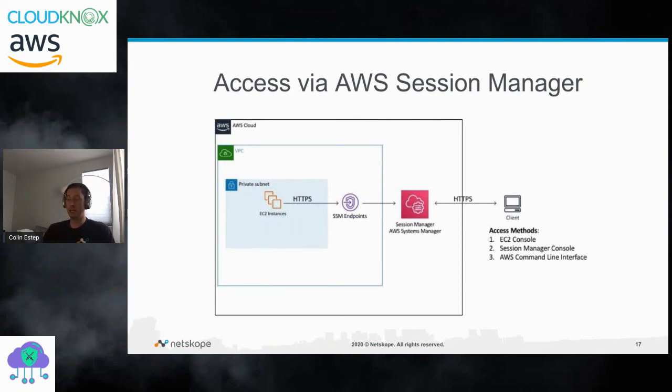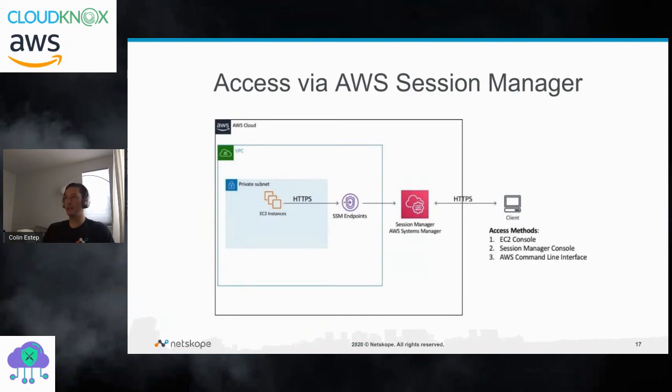The only place that I have traffic going over the internet is the client accessing Session Manager. On the client side, on the far right-hand side, you'll see I have three methods listed out. These are the main methods to launch a session with Session Manager. The first two are both through the AWS Web UI. One is within the EC2 console, one is within the Session Manager console.